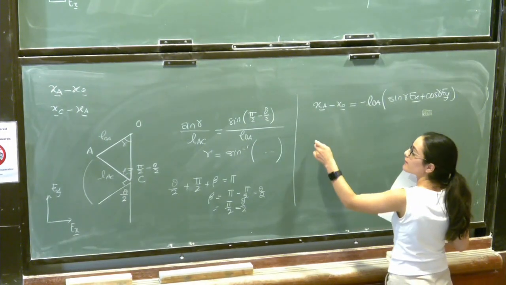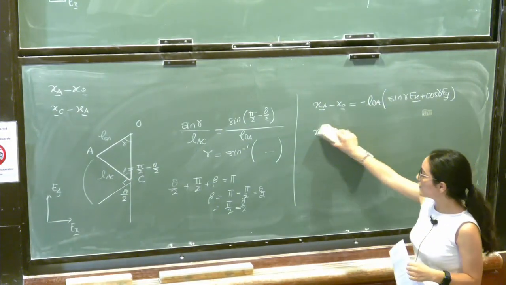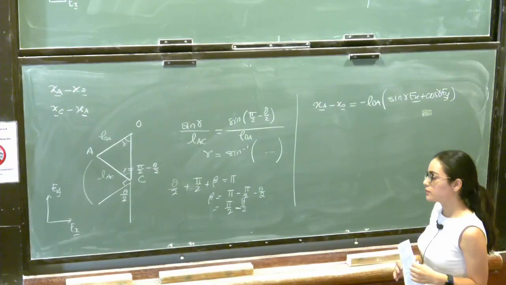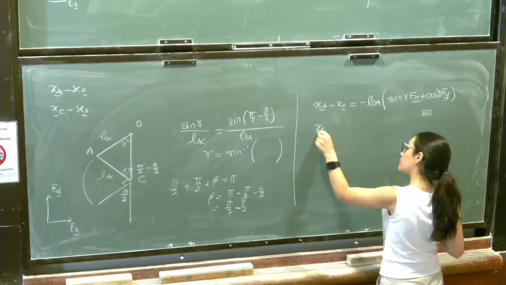And then XA, well, I can determine XC. No, wait. I can find XC minus XA.